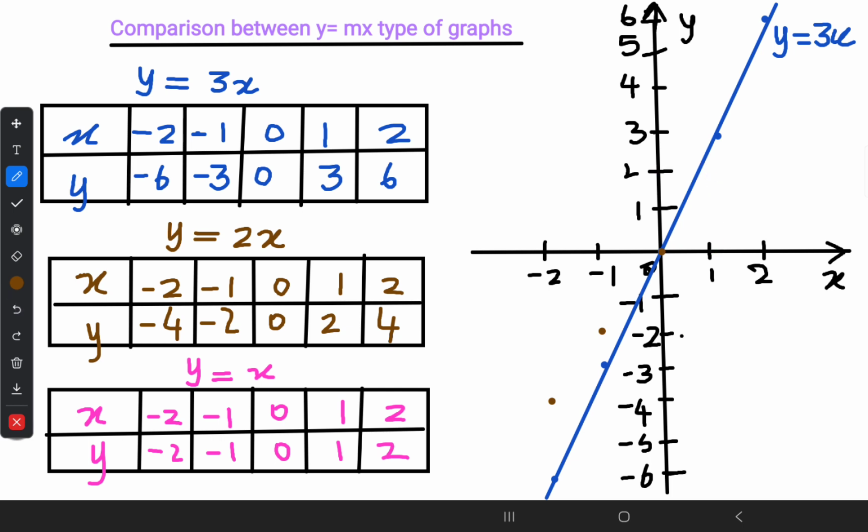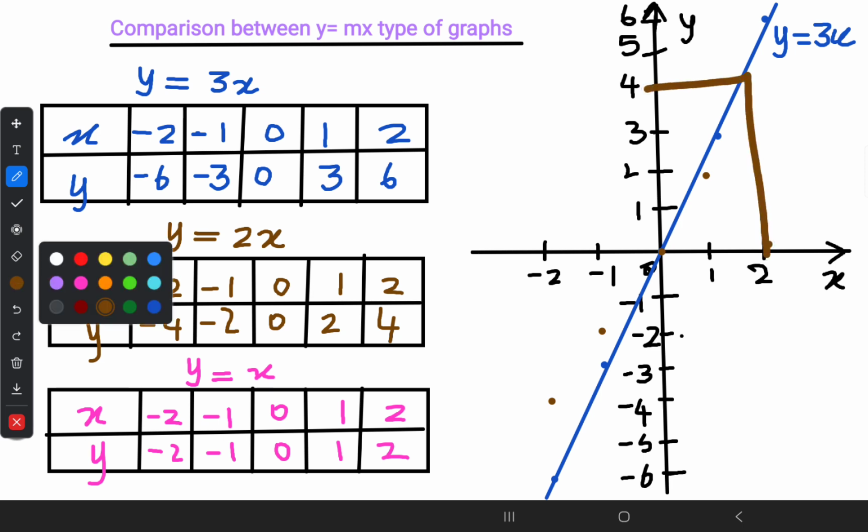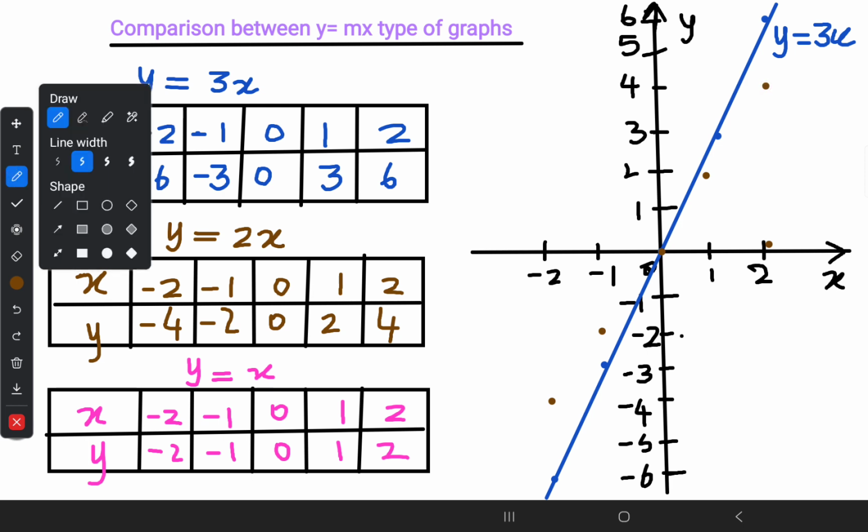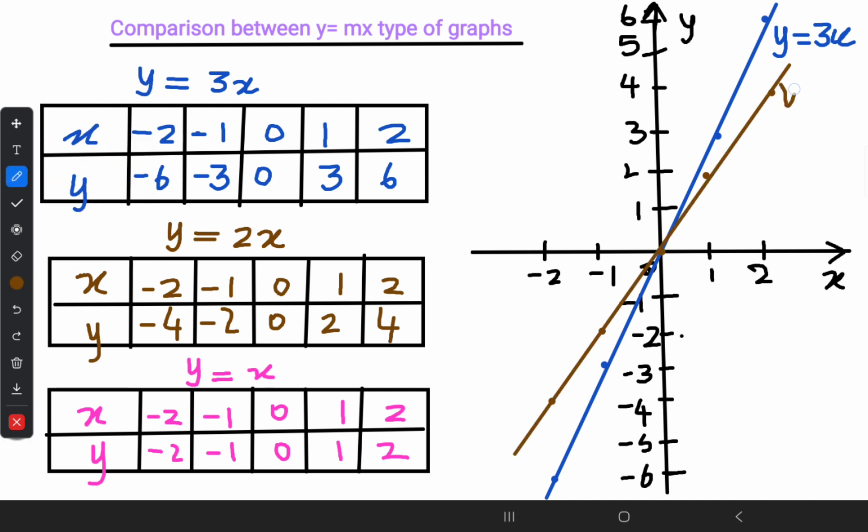Thereafter, when x is 2, y would be 4. Again, we connect all of them using our straight ruler. The second graph also gets its name, y equals 2x.